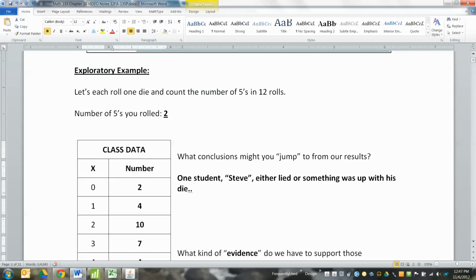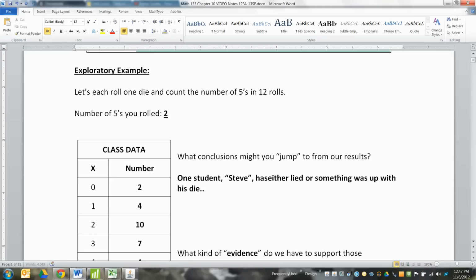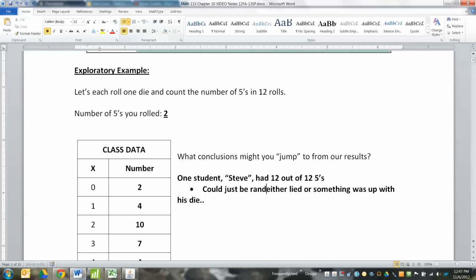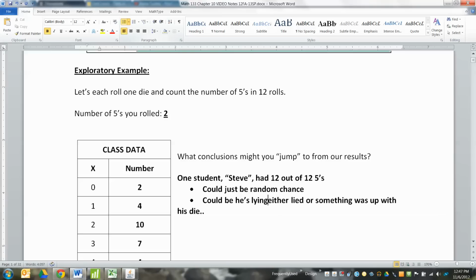Well, there could be several things happening. So Steve had 12 out of 12 5s. So every roll he got a 5. Now, what are some possible options? So it could just be random chance, right? It could be he's lying, right? Maybe he just made up the numbers.